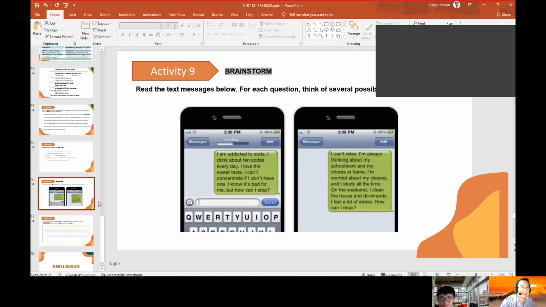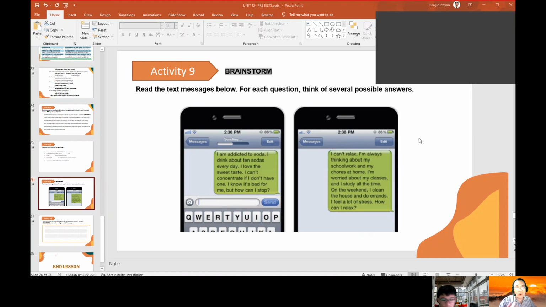Very good. Now, let's go to activity number 9. What we are going to do here is brainstorm. When we say brainstorming, we need to think. The direction is: read the text messages below.